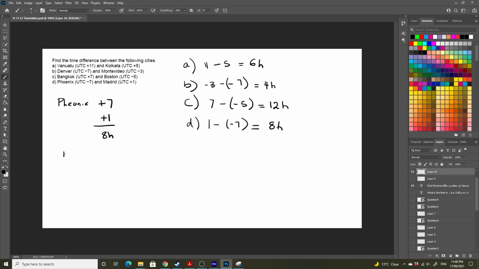If we have Denver, which is UTC -7 as well, then to get back to UTC, we'd have to add 7. And then Montevideo, which is -3, we have to subtract 3, which is going to be 4 hours, which is what we got for B.